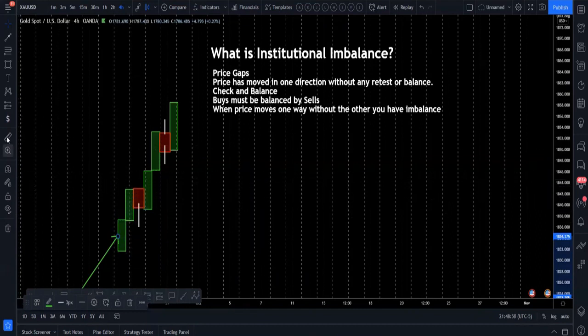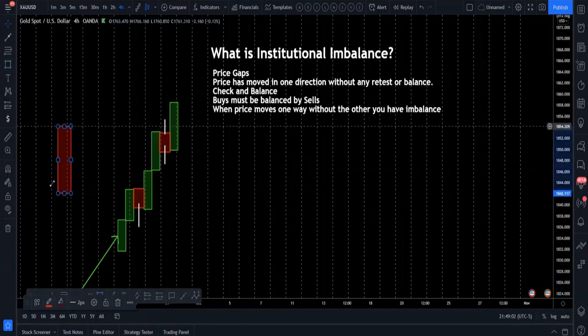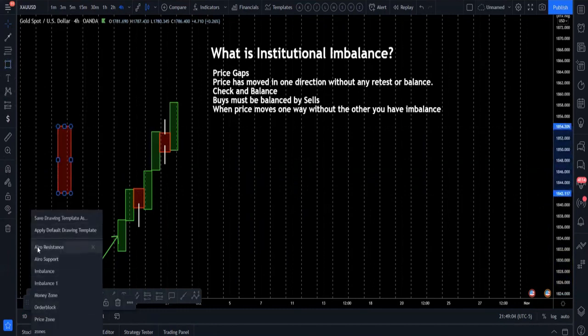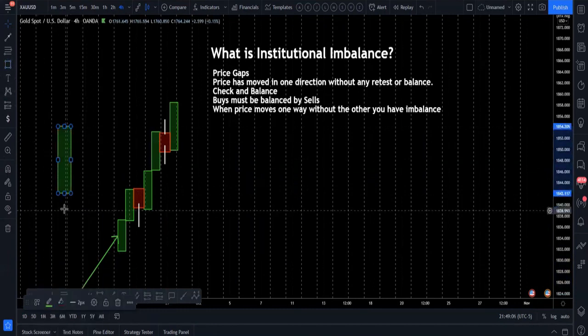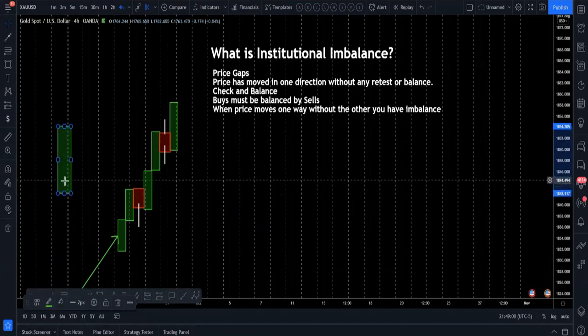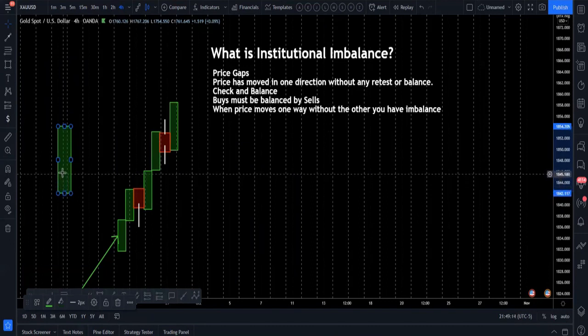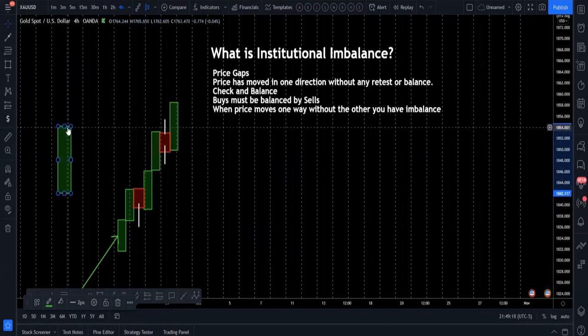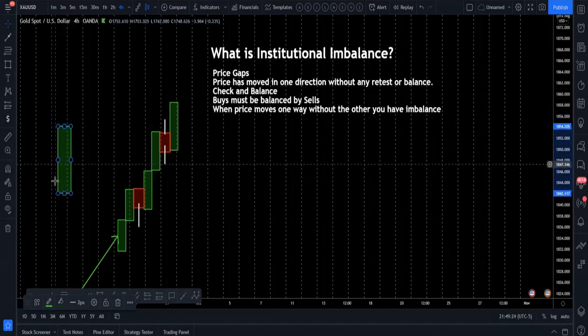So if price literally just goes up here, this is equivalent to people placing buy orders. They're placing buys and price is steadily ticking up, and it's just buy, buy, buy, buy, buy. You have a strong green candle like this. Well, this candle is filled with buy orders.